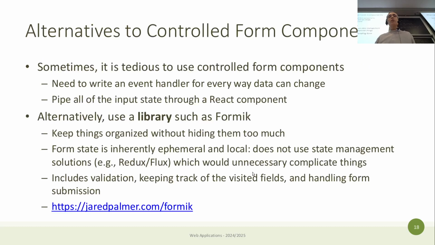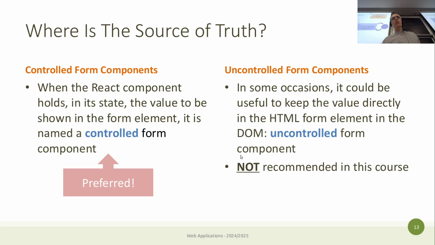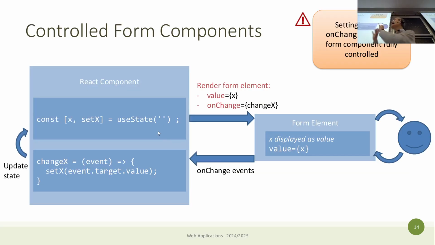Okay, so basically that's for the theory, and we will now try to use this approach and apply it to our example, the question and answer example. And not tomorrow, but in the lab after Easter, you will apply it to your lab, the film library, and basically you will include a form that allows you to insert a new film.